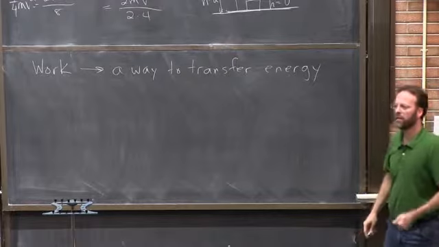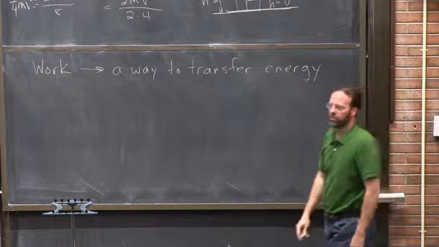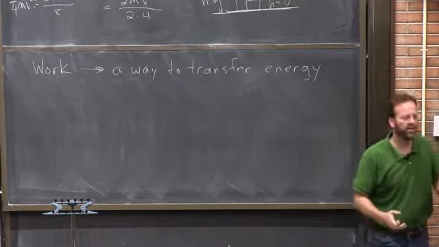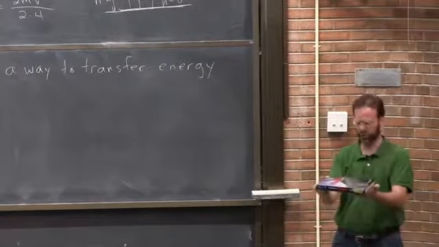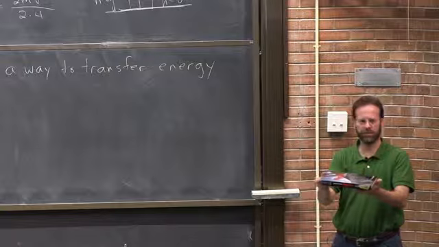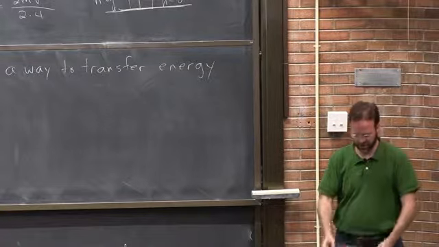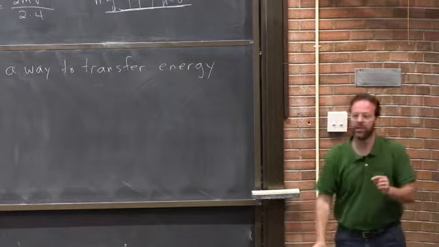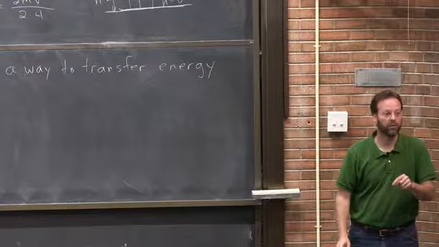I don't like that anymore. Don't think of work as a form of energy, because you can't say an object has work. This book has work. That doesn't sound right, even to physicists. It doesn't have work, but it has the ability to do work on something.